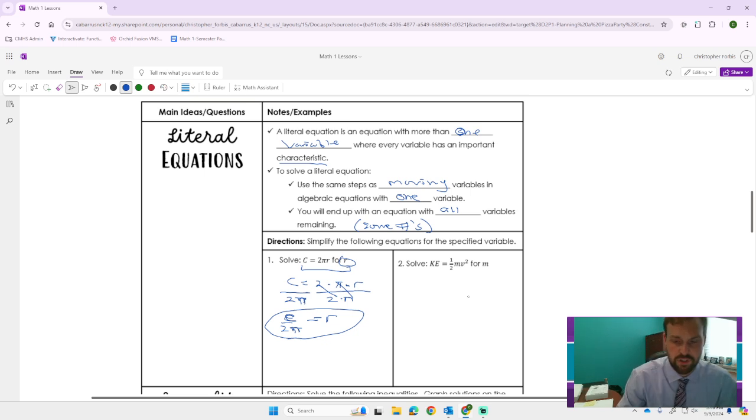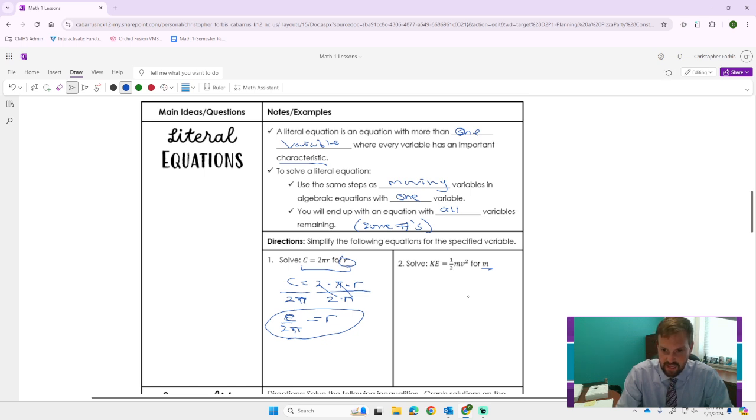I like literal equations because you're just getting variables by itself. So here we have ke equals 1/2 times m times v squared, and we're solving for m. Okay, it's the same thing as before. We're doing 1/2 times m times v squared.